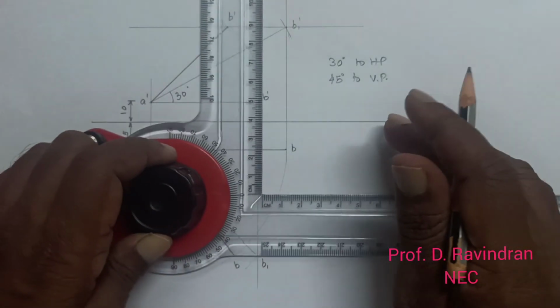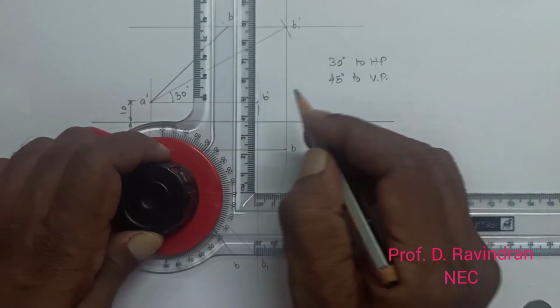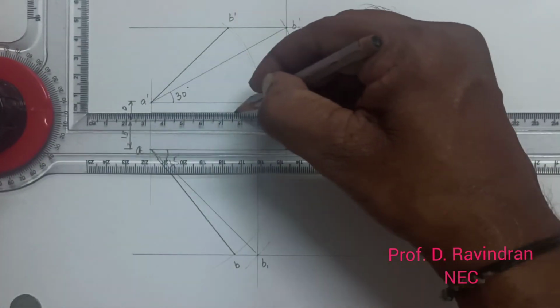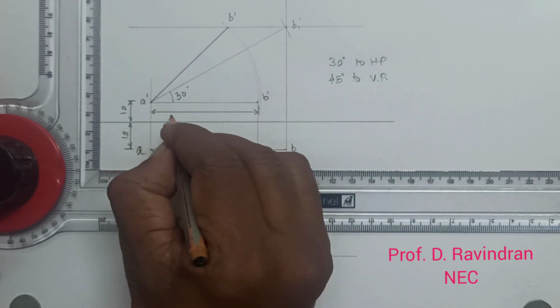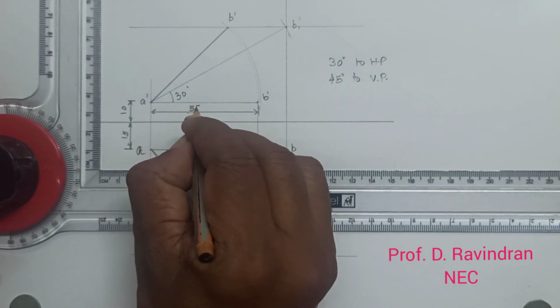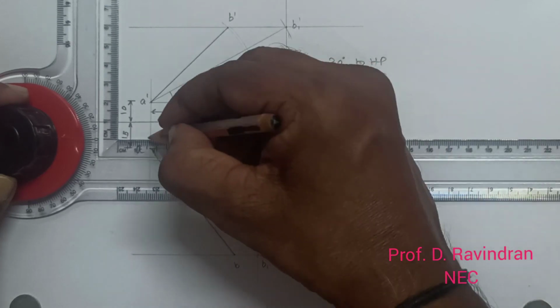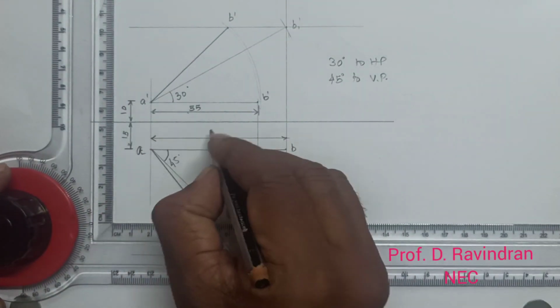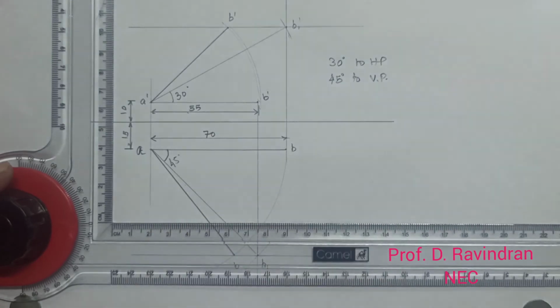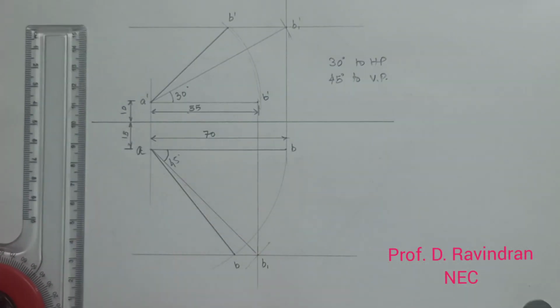This length is 55 mm. This is the front view length, 55 mm. This length is 70 mm. This is the complete projections we have drawn here. Thank you.